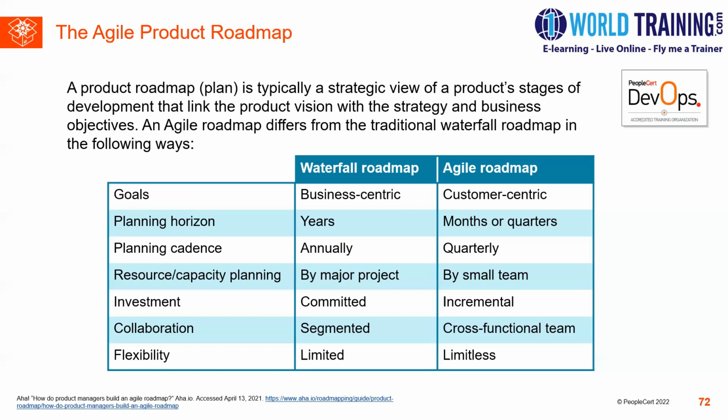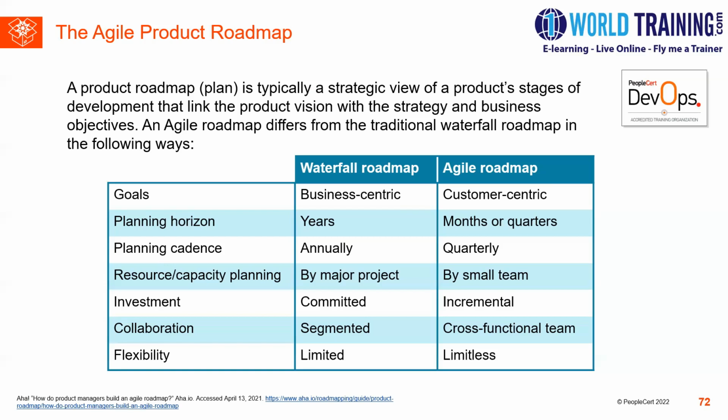So the planning horizon differs, and Agile has a shorter planning roadmap. The planning cadence for waterfall is annual, and for Agile it is quarterly.